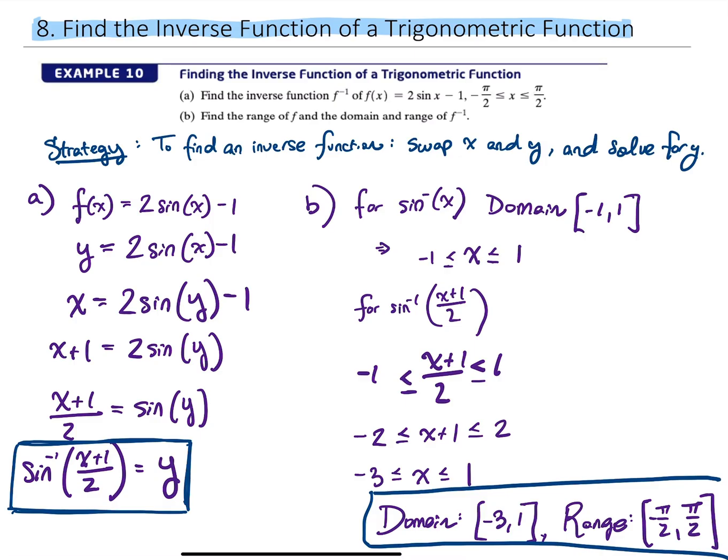So if we just considered the domain of the original inverse sine function, it should have been a -1 here. We just placed what was inside of our function in between those same two endpoints and then solved the inequality for x.